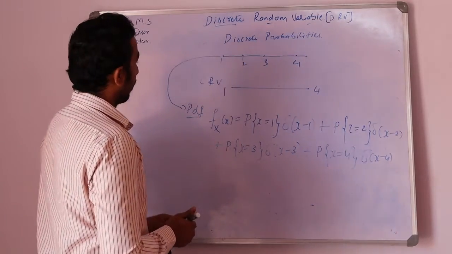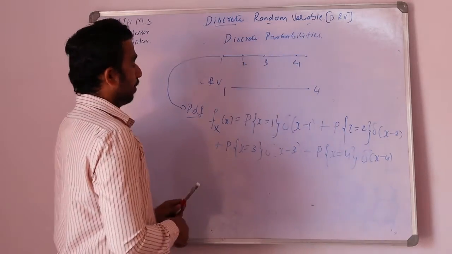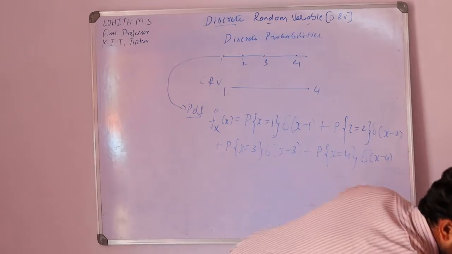This is how we write the probability density function for discrete probabilities.